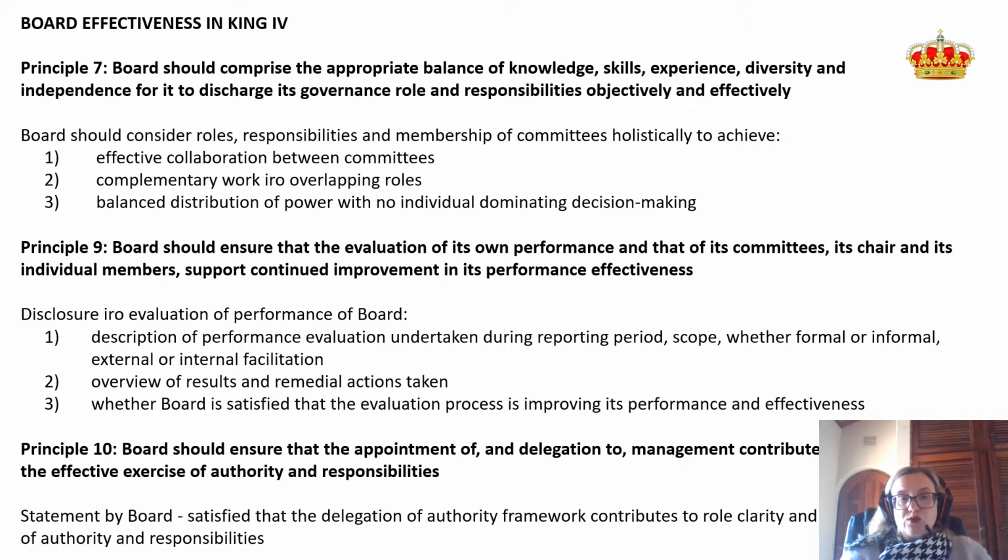Principle 7 talks about this importance of having the appropriate balance of knowledge, skills, experience, diversity, and independence on the board in order to ensure that the collective board can discharge its governance roles and responsibilities objectively and effectively.